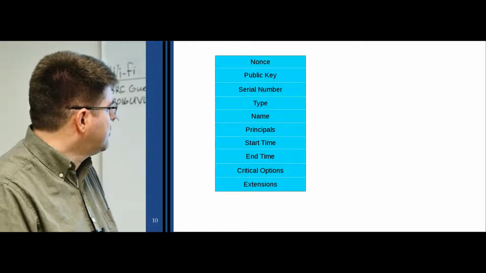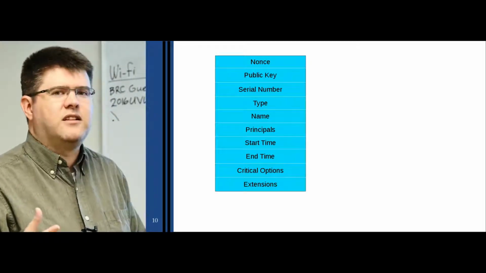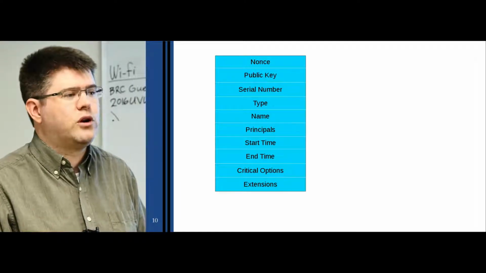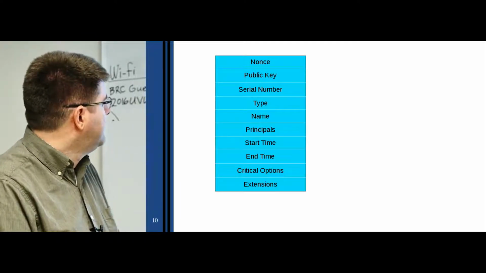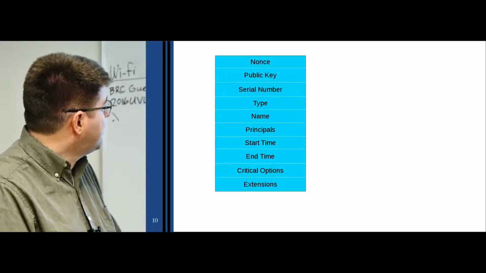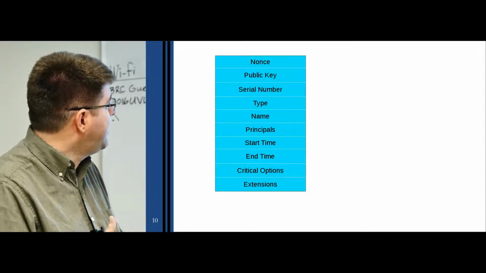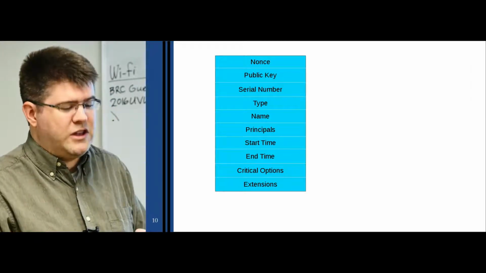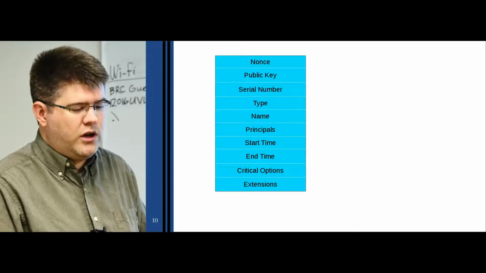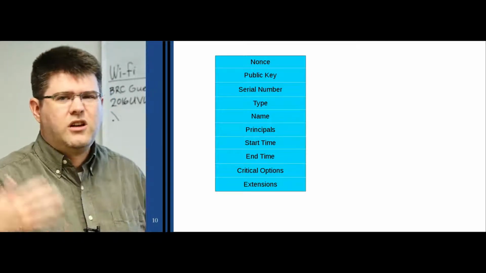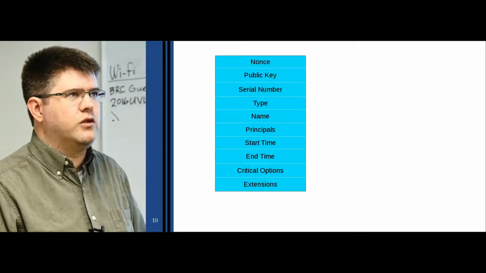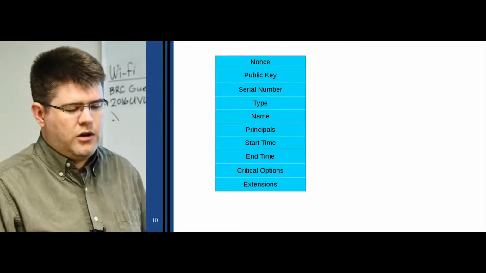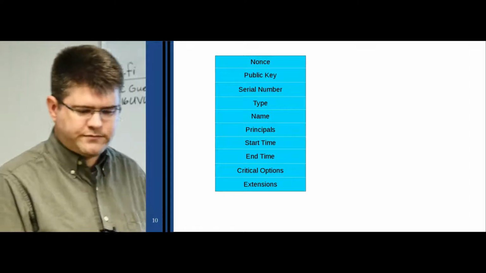Critical options and extensions are basically the same thing, but these allow us to specify restrictions on what this key can potentially be used for. And there's a serial number so that it can be uniquely identified in the future. What type it is, whether this is being used for a host or for a user. And the nonce at the beginning is just random bits of data that's used to help protect the signature and prevent against brute forcing things or whatnot.